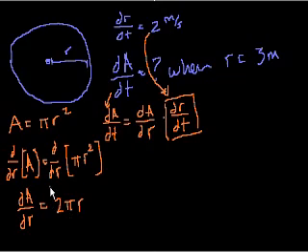So that's pretty interesting by itself. This formula looks interesting, right? That's the formula for the circumference of a circle. So the derivative of the area of a circle with respect to the radius is the circumference. That is mildly fascinating.